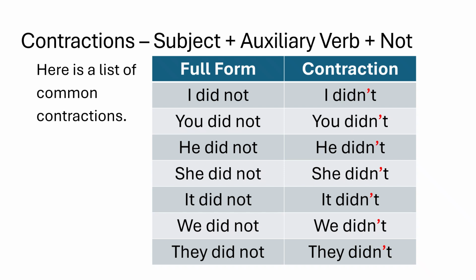I will read the words. I will pause. When I pause, you say the words. I did not. I didn't. You did not. You didn't. He did not. He didn't.